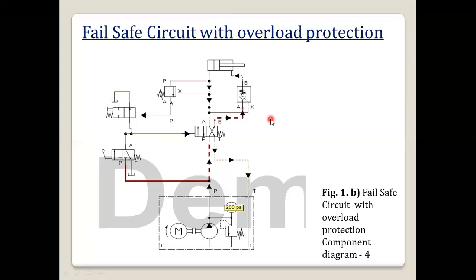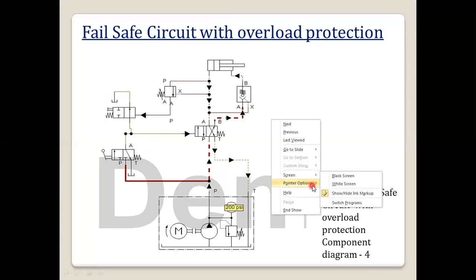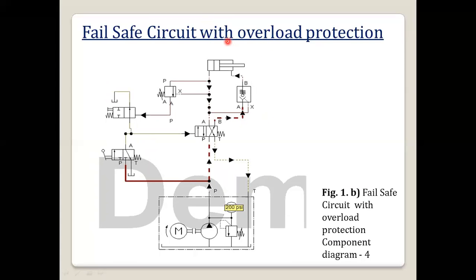Okay, so next we will discuss the retracting of this overload protection fail-safe circuit. So when I release the lever, when I deactivate the lever, the position changes from left to right side.